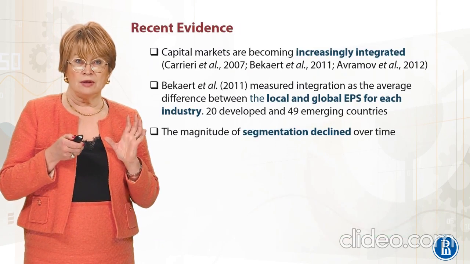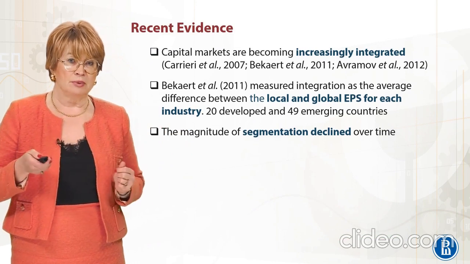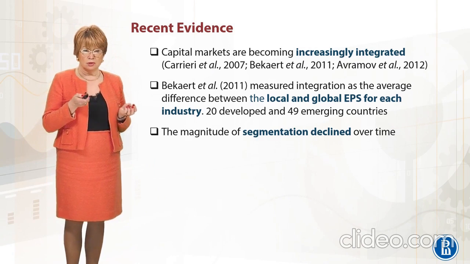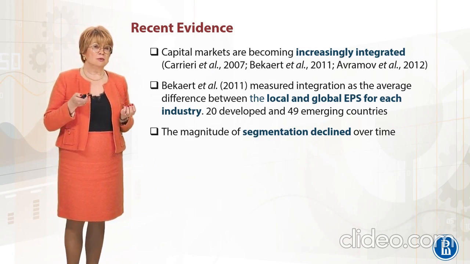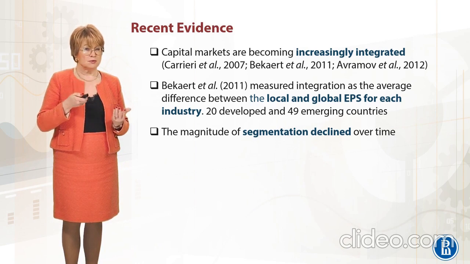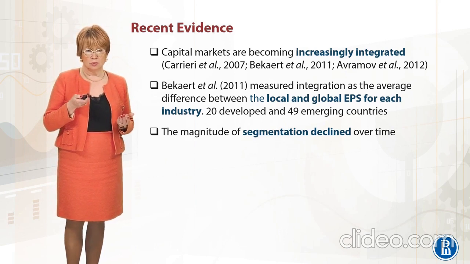How about the recent evidence, if we want to finalize our discussion about the comparison of integrated versus segmented capital markets? Of course, first, many researchers show that capital markets are becoming increasingly integrated. I just listed a few papers here, but of course the number of papers is growing, and that conclusion is really very important.